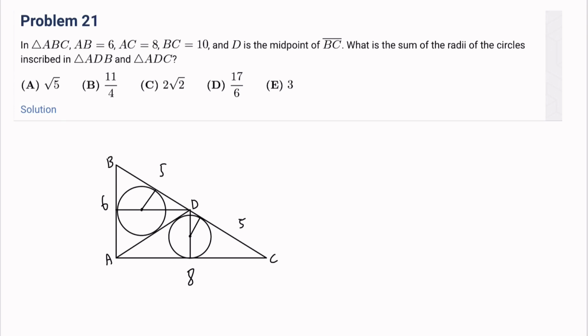And since this whole thing is a 3 to 4 to 5 ratio triangle, this will also be a 3 to 4 to 5 ratio triangle, right? And since this is a right angle, this will also be 3 to 4 to 5, and by the same reasoning, this is also a right angle, and so the small triangle will also be 3 to 4 to 5, right?